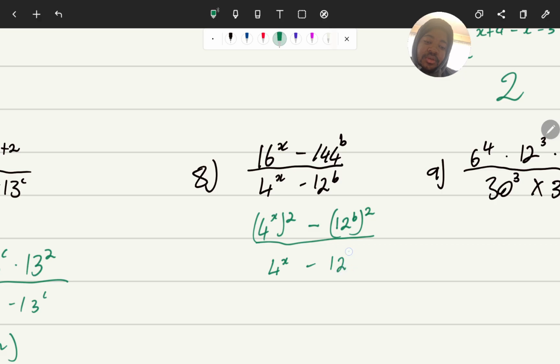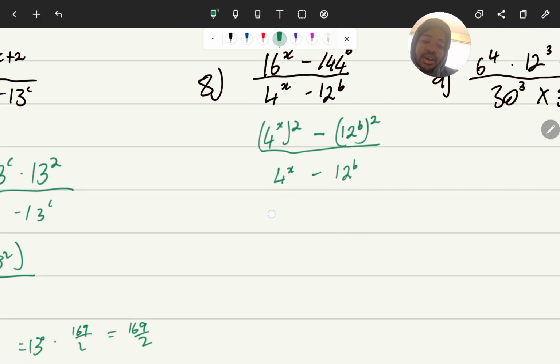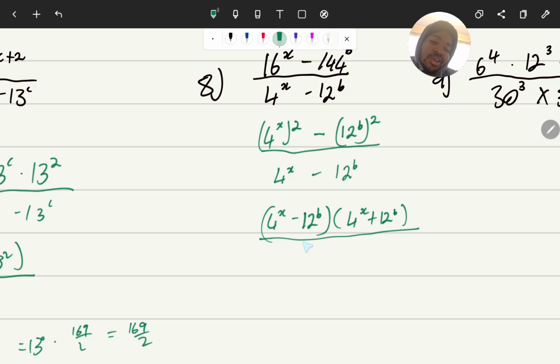I factorized there. I'm gonna have 4 to the power of x minus 12b, and I'm gonna have 4 to the power of x plus 12b, right? Yeah, but I think here we didn't use any laws of exponents.